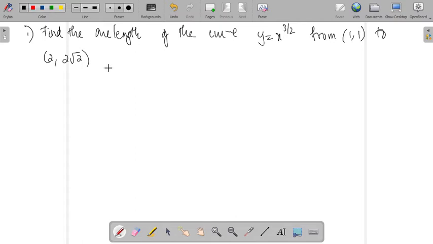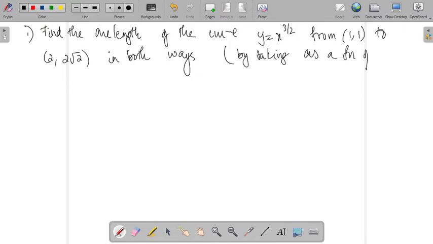So let us look at it in both ways, by taking it as a function of x and as a function of y.